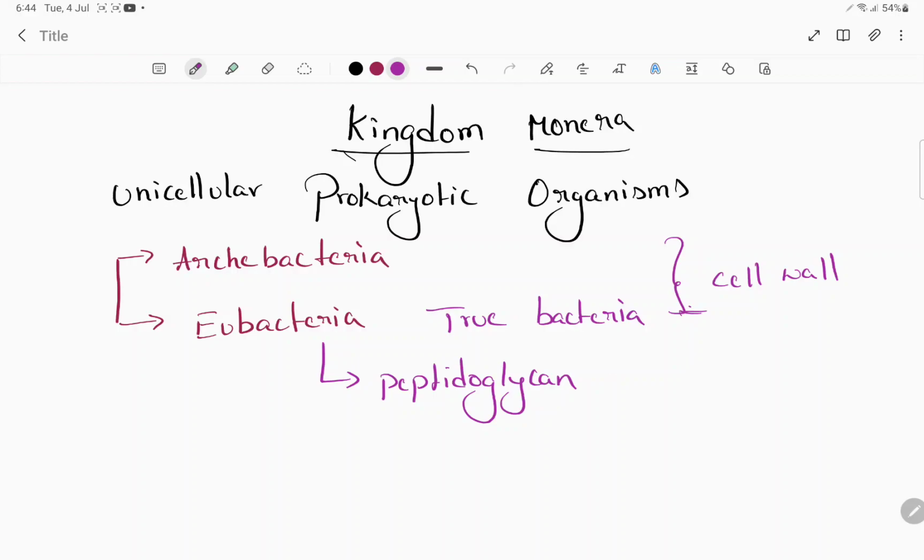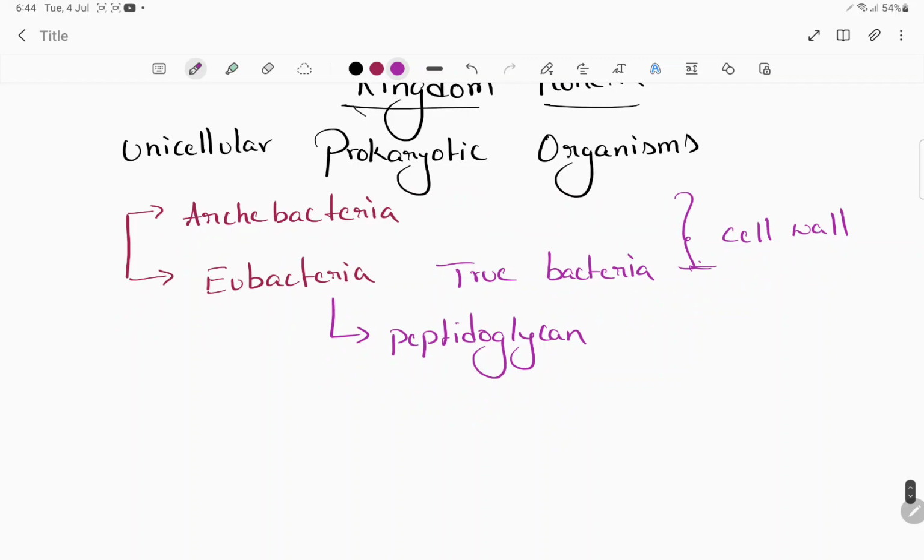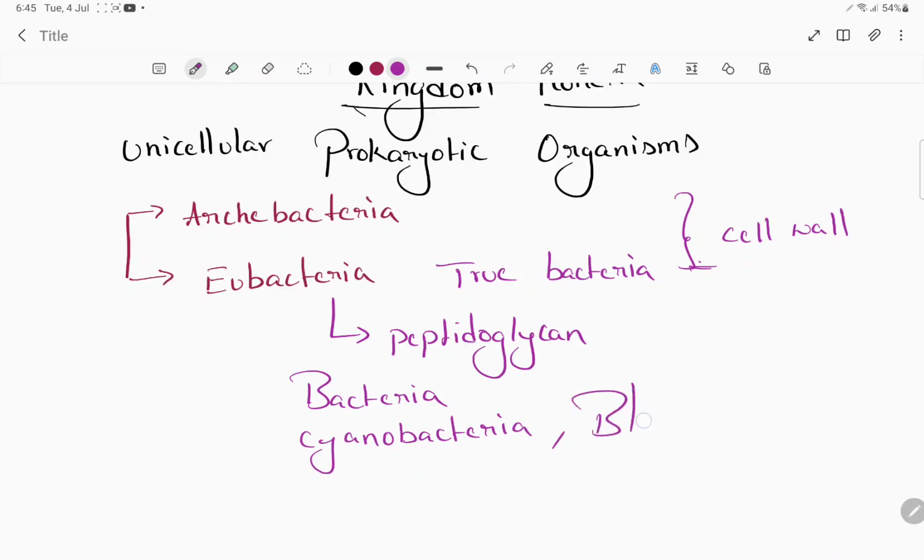Eubacteria include bacteria and cyanobacteria, which we otherwise call blue-green algae.